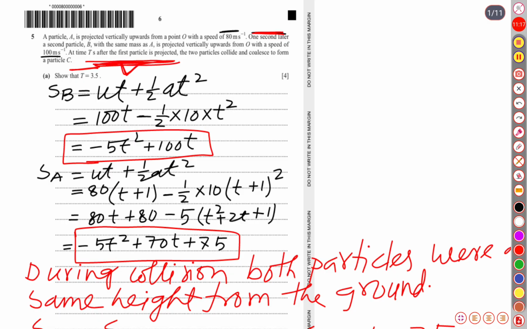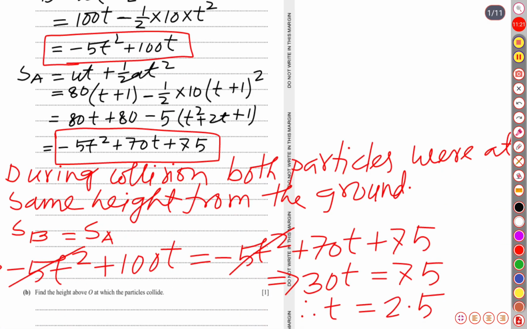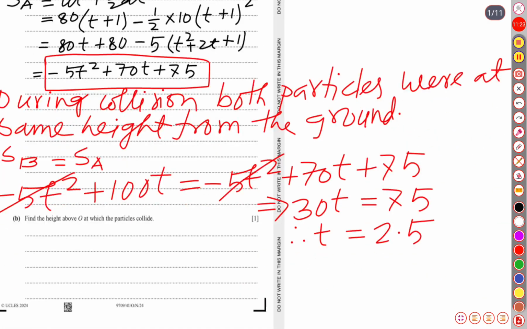So t is the time taken by particle A. Hence we have already written it as t plus 1, that means 2.5 plus 1 means 3.5 seconds.